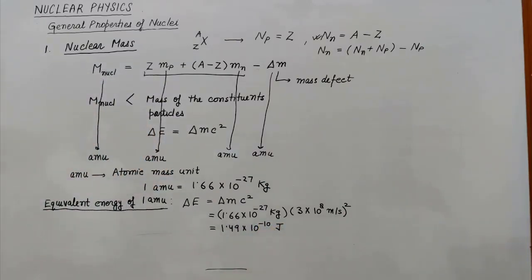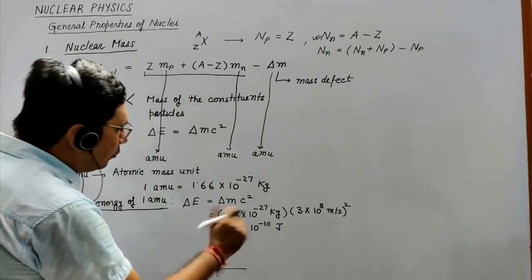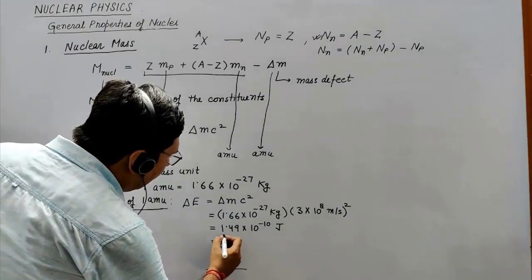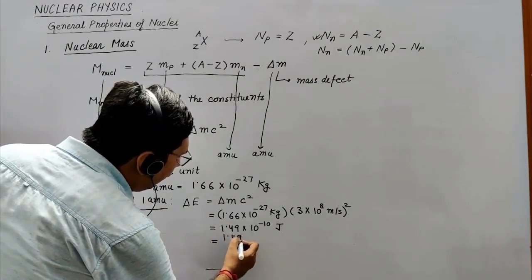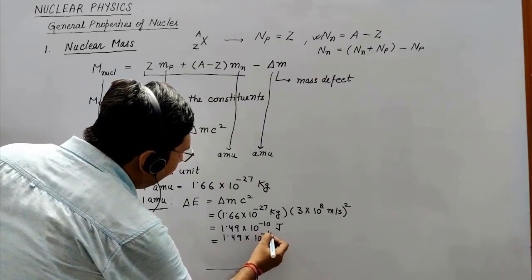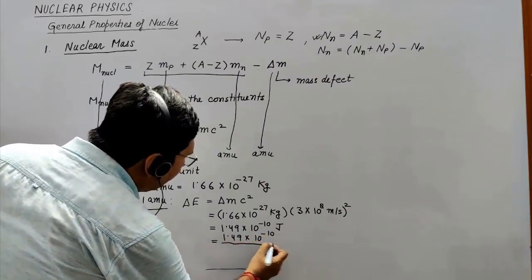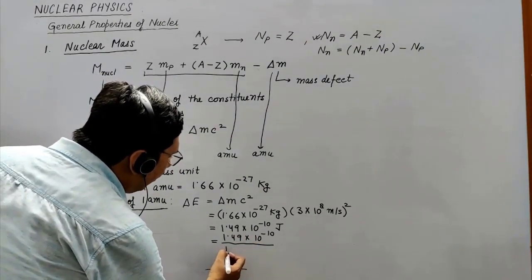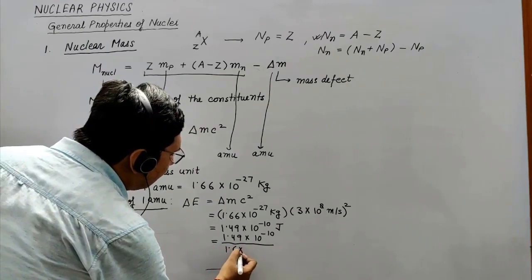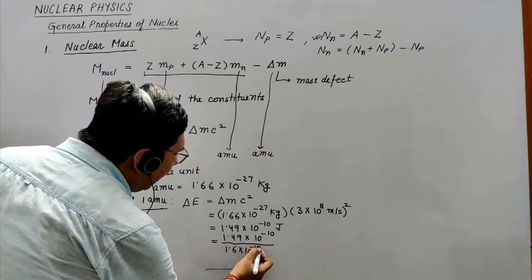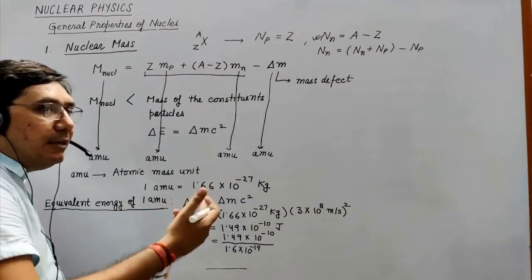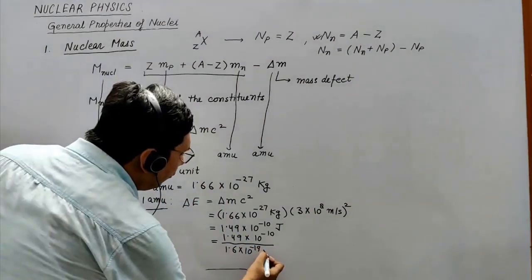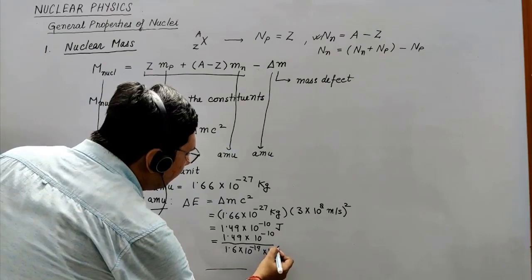We can convert this joule into MeV. To convert 1.49 into 10 to the power minus 10 joule into electron volt, we divide by 1.6 into 10 to the power minus 19. Again, we want MeV, million electron volt, so we divide by 10 to the power 6.